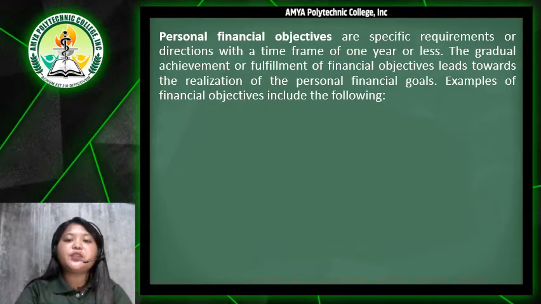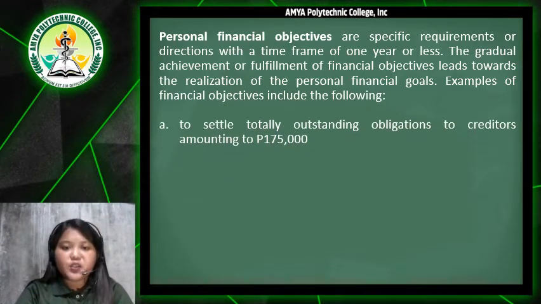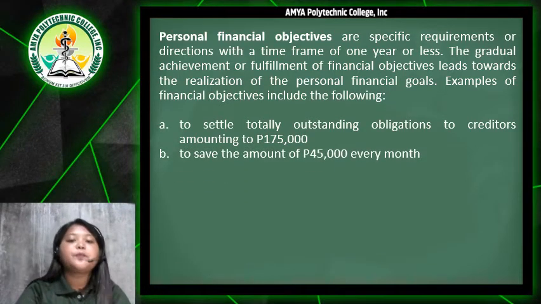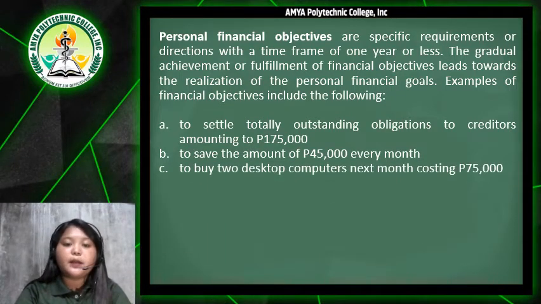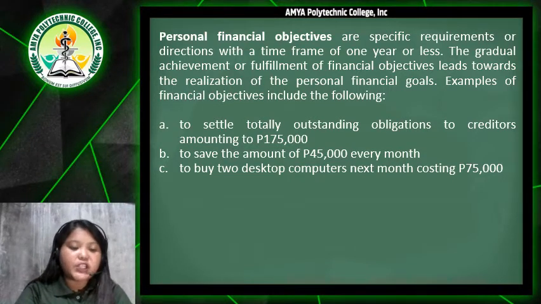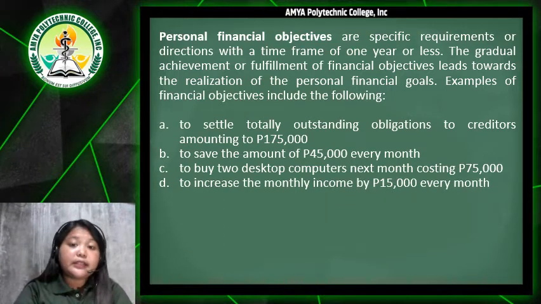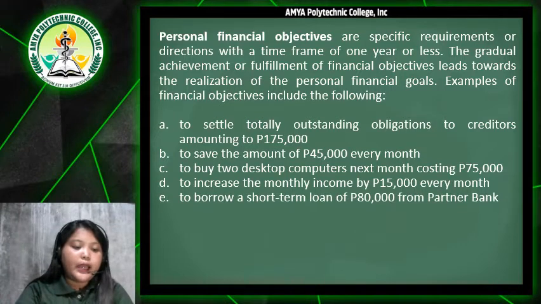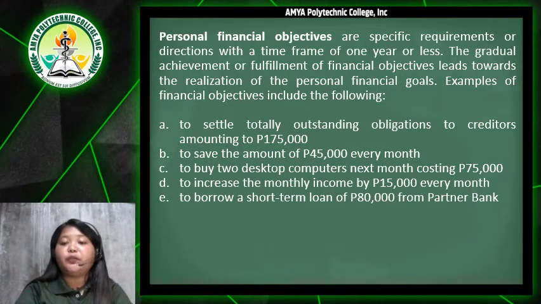Examples of financial objectives: to settle totally outstanding obligations to creditors amounting to 175 pesos; to save the amount of 45,000 pesos every month; to buy 2 desktop computers next month costing 75,000 pesos; to increase the monthly income by 15,000 pesos every month; and to borrow a short-term loan of 80,000 pesos from a partner bank.